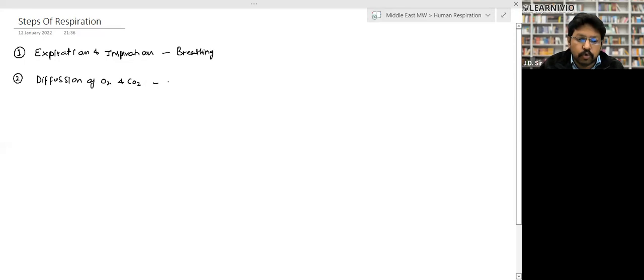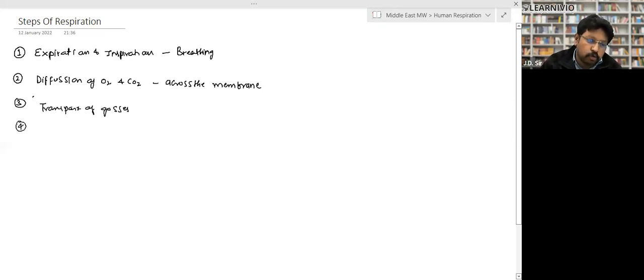Then what is the third step? Transport of gases by blood.